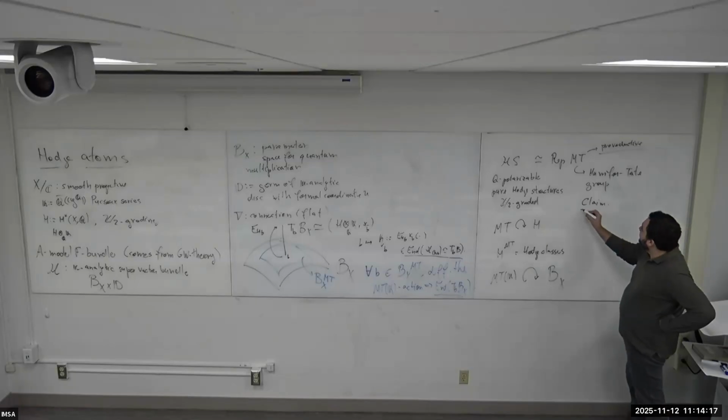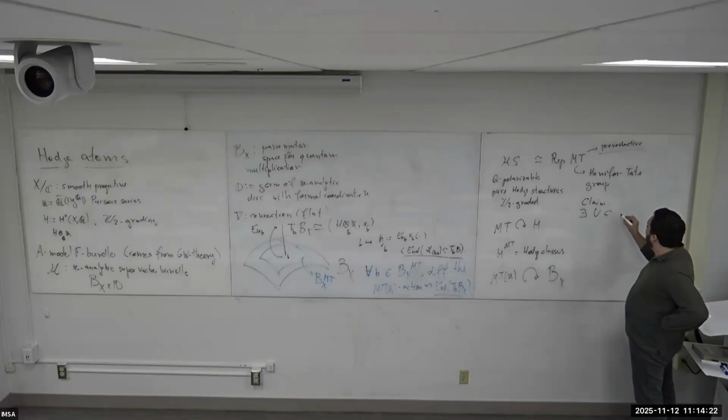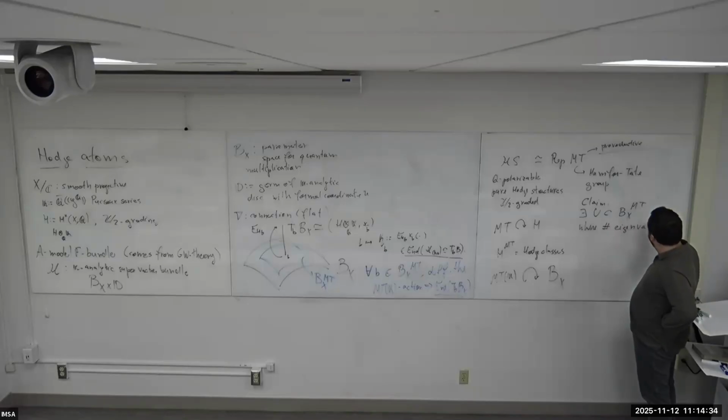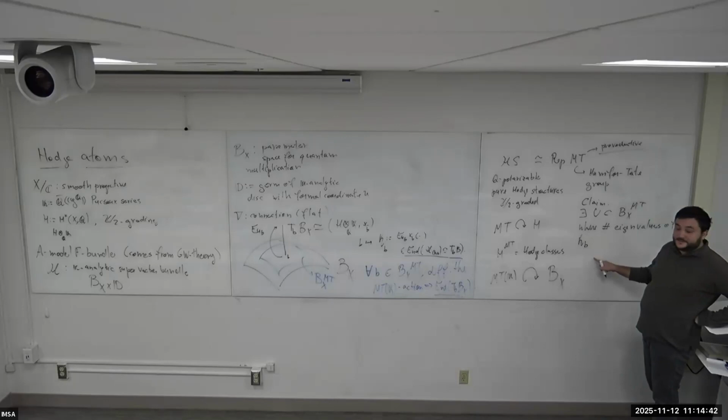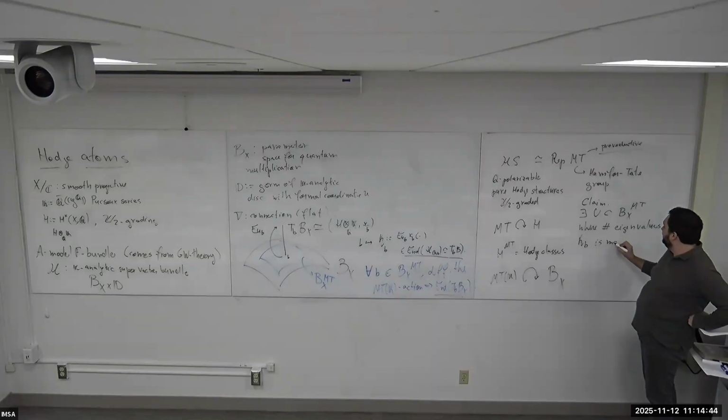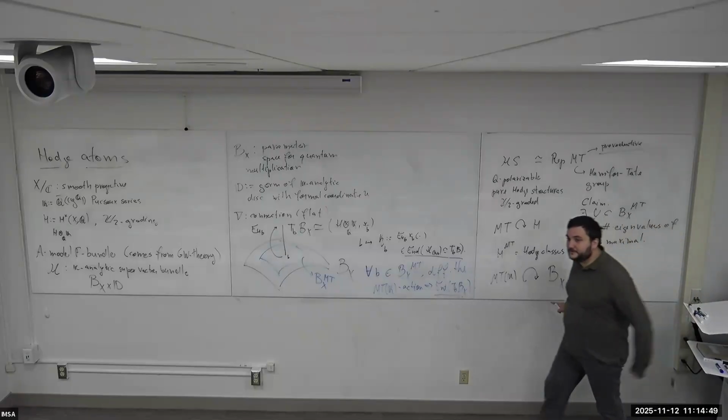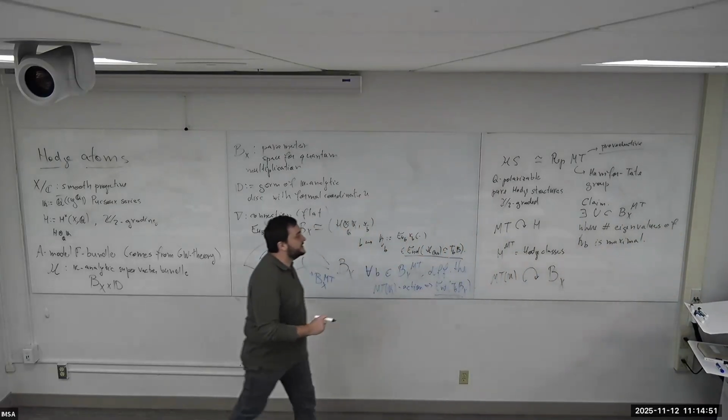So there exists some admissible open U right here inside of this BXMT where the number of eigenvalues of kappa B is maximum, such that the number of eigenvalues is maximum.